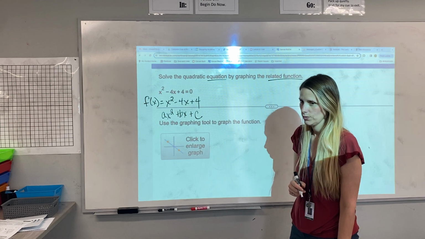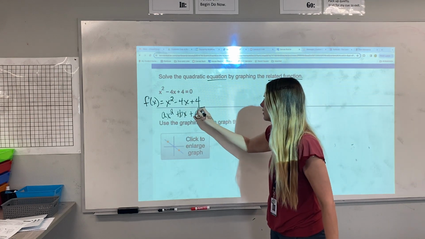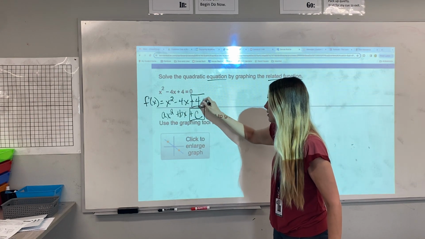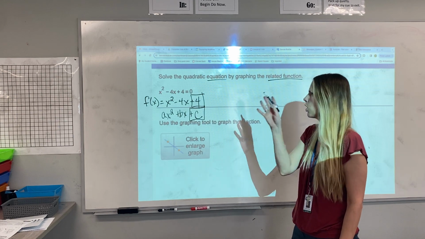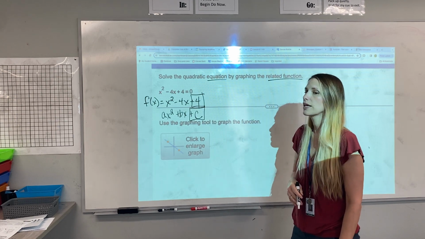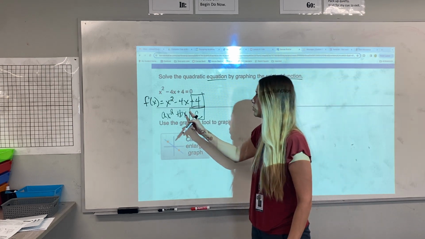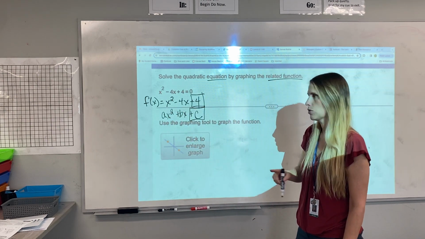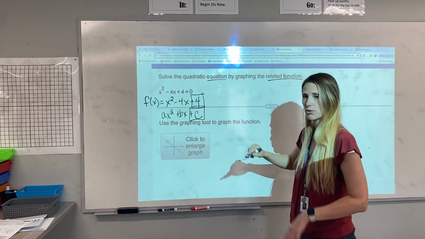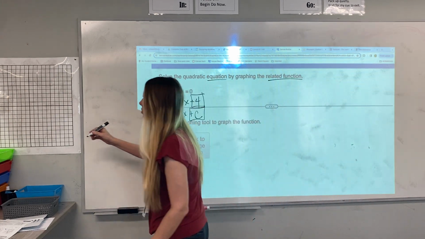C. You're thinking of axis of symmetry. In the axis of symmetry, we use B and A, not C. C is our y-intercept, always has been, always will be. So positive 4 is our y-intercept.